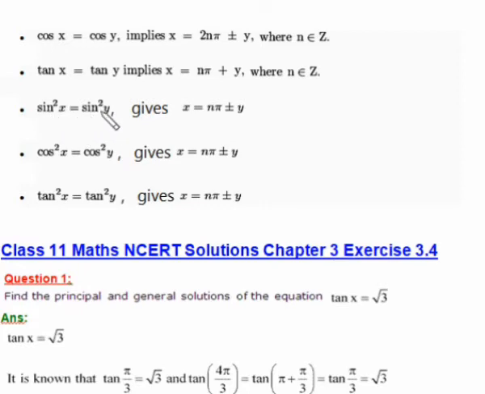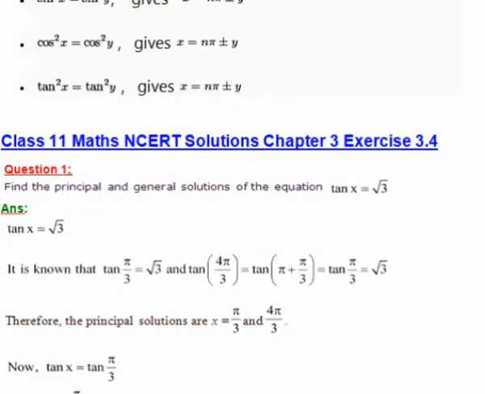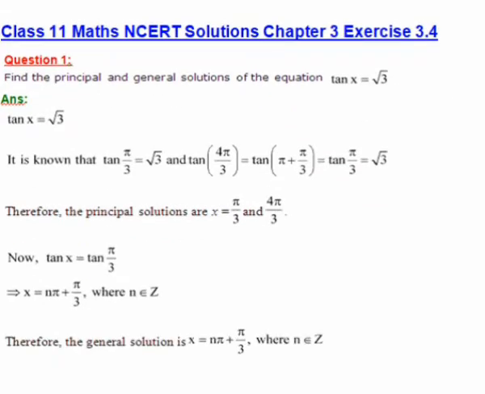Sin square x is equal to sin square y gives x is equal to n pi plus minus y. Cos square x is equal to cos square y gives x is equal to n pi plus minus y. Tan square x is equal to tan square y gives x is equal to n pi plus minus y. All these general solutions we need to learn.